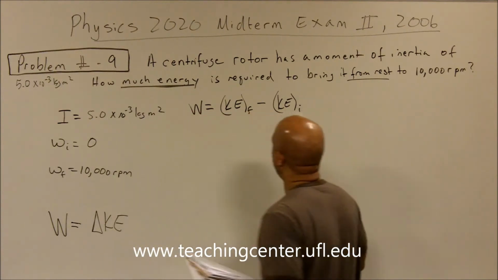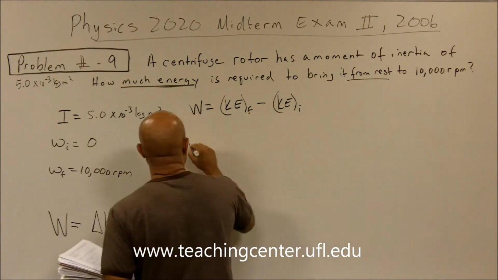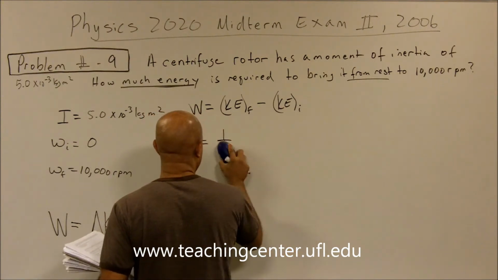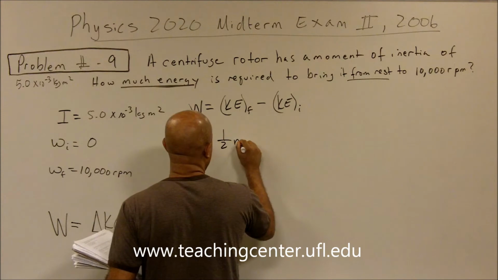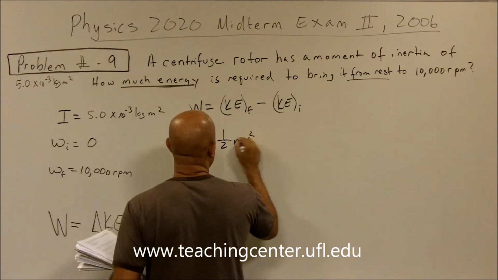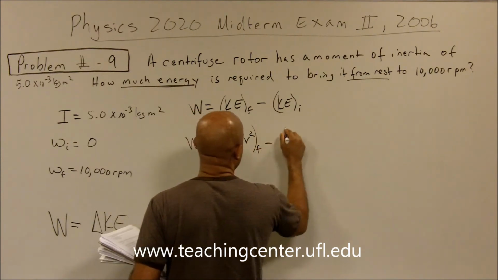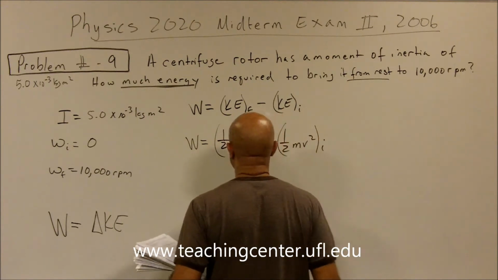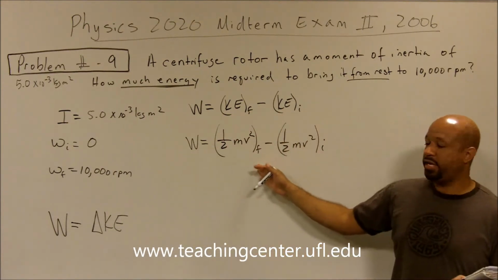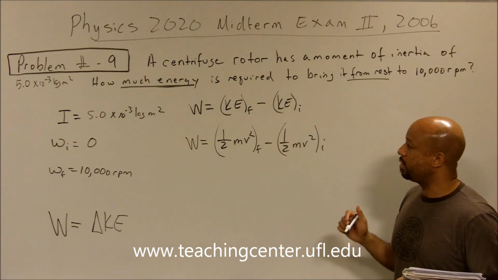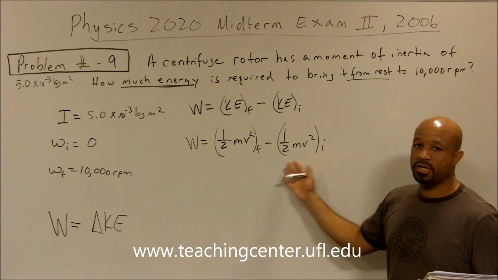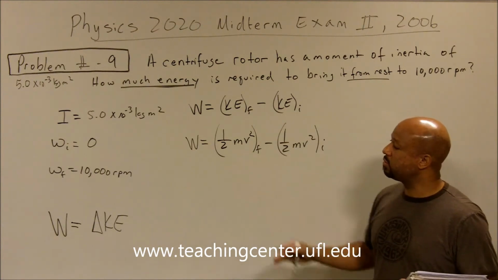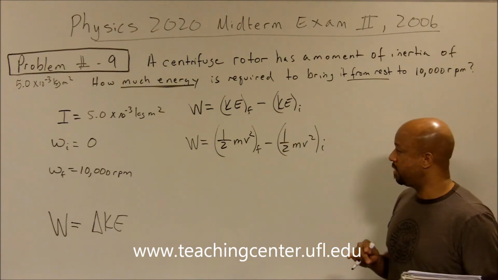Okay? And if we were to write this out, we would have 1/2 mv squared final minus 1/2 mv squared initial. So this would be the change in kinetic energy in translational motion. But we're not dealing with translational motion, we're dealing with rotational motion.